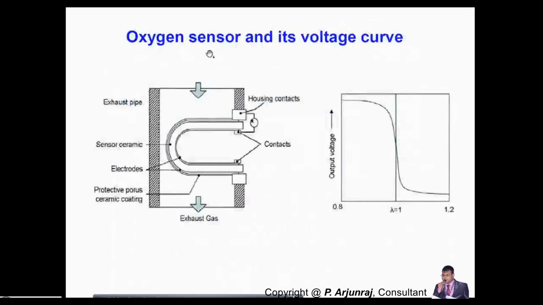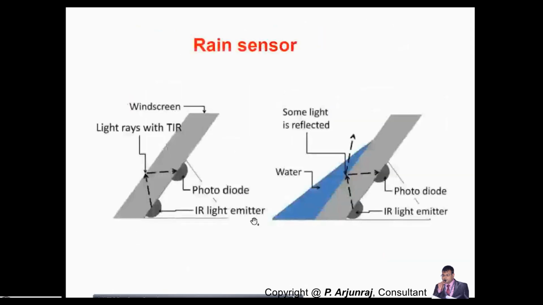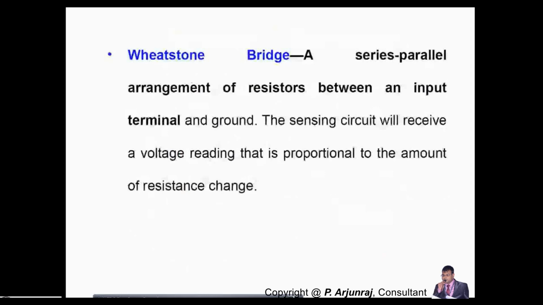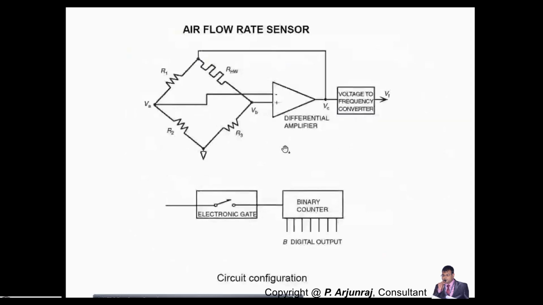So oxygen sensors measure the oxygen level. This works on the principle of having a ceramic coating, and the heated element is having it. See, these are some of the principles that you can have an overview of, but no need to go in depth.